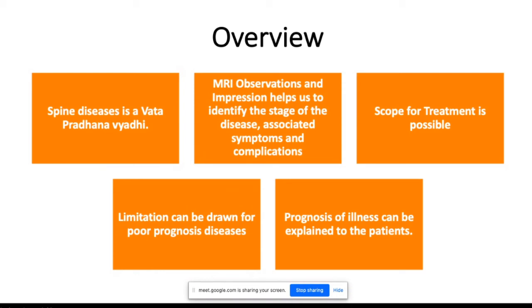This demarcation will be obtained when we are interpreting these reports, understanding the mechanism as it is, along with understanding them based on our treatment principles, because we need to apply our medicines and our therapies to these patients. So this is very important. The prognosis of the disease can be confidently explained to the patient. So these are the five mottos of the presentation or interpretation of these reports.